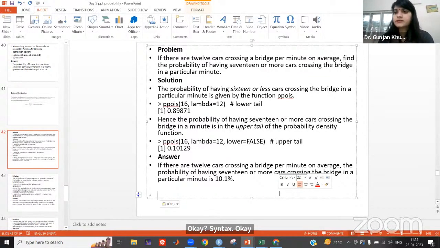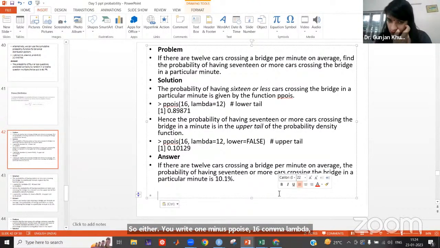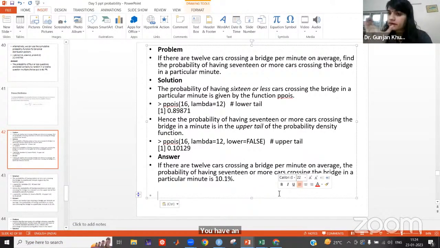So actually it is giving us the lower tail, but you have to calculate 1 minus that. So either you write 1 minus P poise 16 comma lambda equal to 12, or you have an alternative. You can write P poise 16 lambda equal to 12, which will give you the lower tail, but then you write lower equal to false, so it will give you the upper tail.